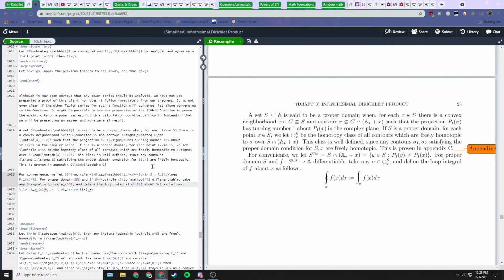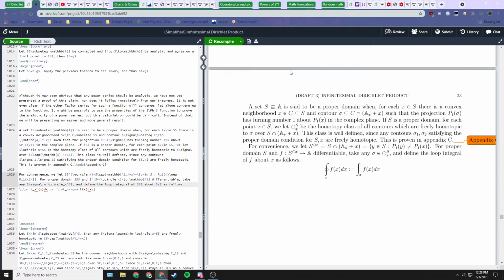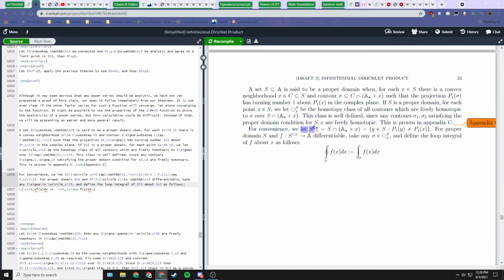As a shorthand, we're going to say this notation: S is a set, and if we have this superscript circle x, this is just the punctured neighborhood, S intersect A star plus x. So this is the set of y in S such that the first projection of y is not the first projection of x, all the y which are not overlapping x on this first projection.